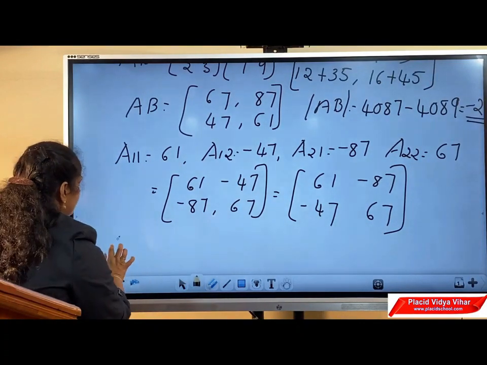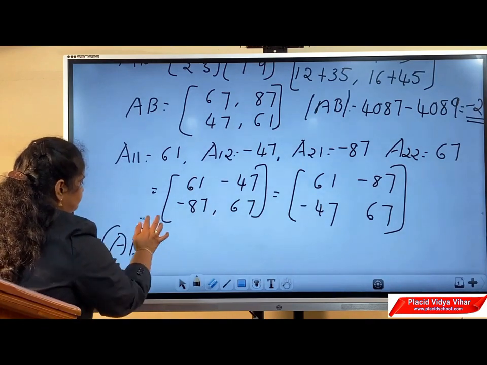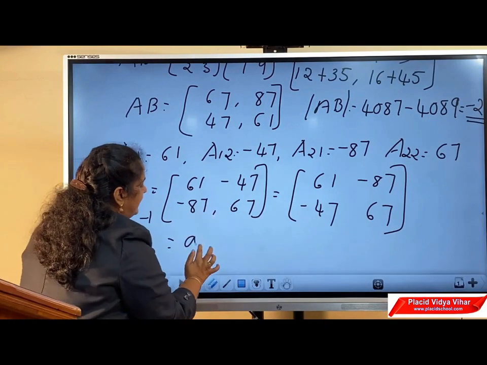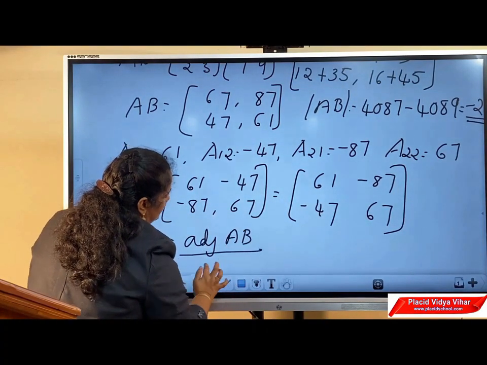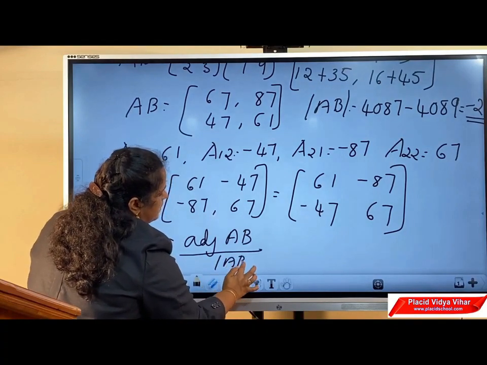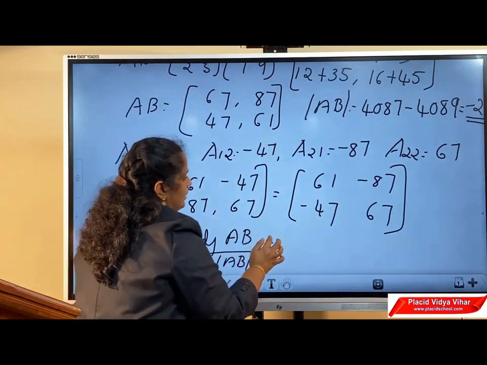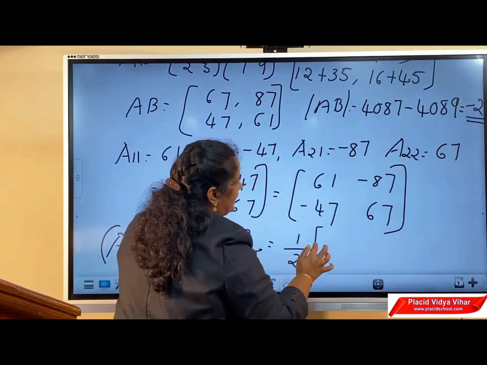That is, AB inverse is equal to adjoint of AB divided by the determinant of AB. The determinant of AB is minus 2. That is 1 by 2. We can multiply each element by minus sign.